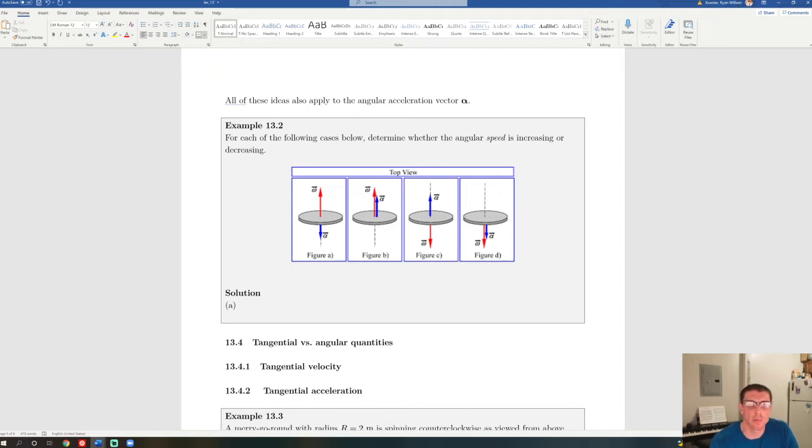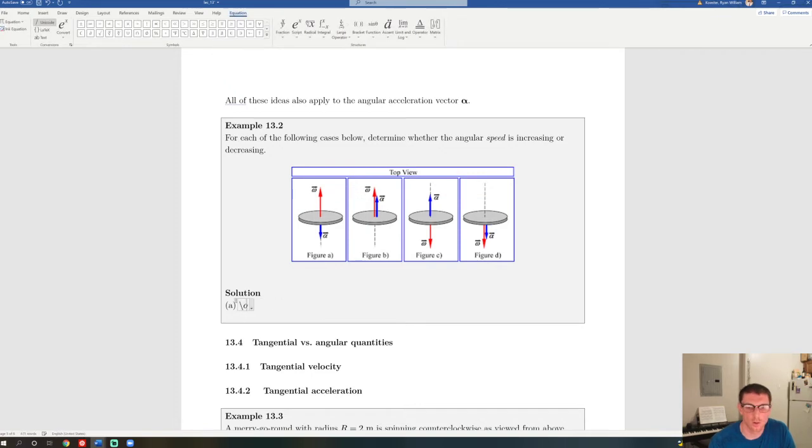If we just imagine that our z-axis is oriented vertically, so positive z points up and negative z points down, then for the first case we can write: omega is greater than 0 and alpha is less than 0, i.e. omega is positive and alpha is negative.